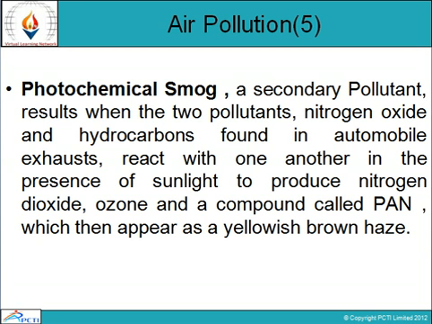Means whenever we want to see photochemical smog in the sky, it is that yellowish brown haze you can see in the sky, and that is known as photochemical smog.